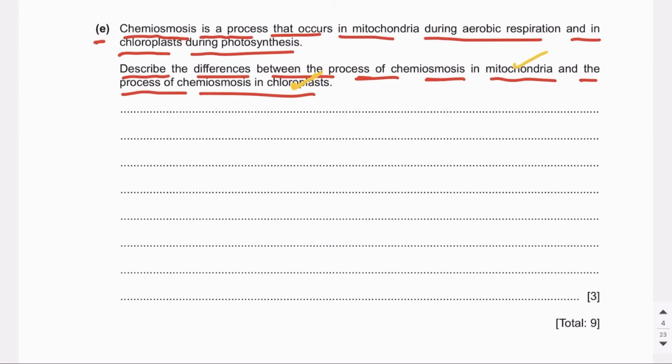We just need to write 3 points. So let's write them down. We can also say that chemiosmosis in mitochondria occurs in the inner membrane or cristae, whereas in chloroplast it occurs in the thylakoid membrane, or the membrane of the grana. Okay, let's write it down.